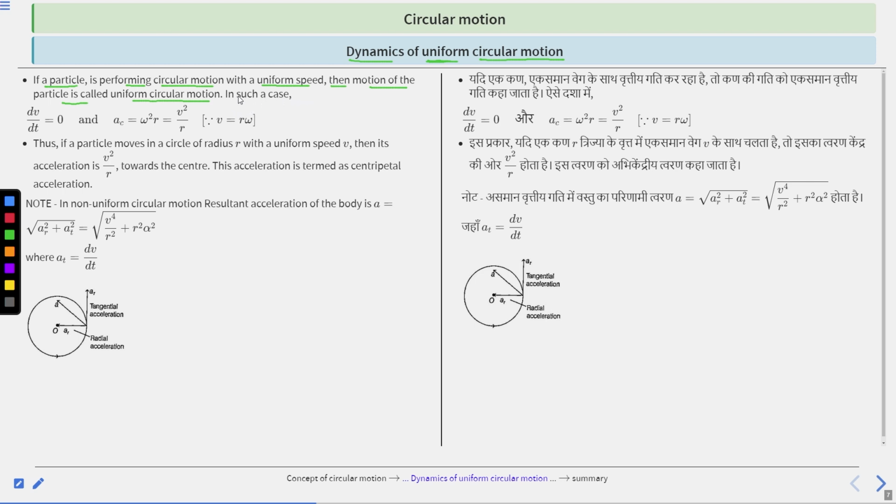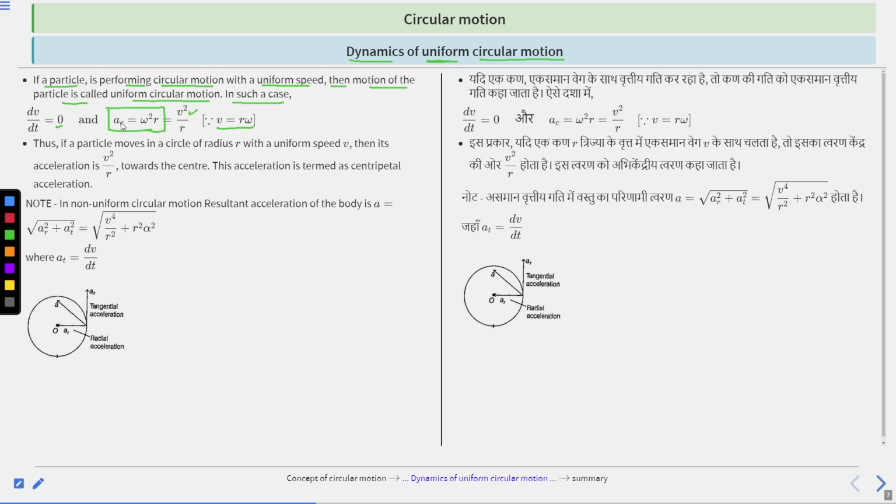Clear? So in such a case, dv upon dt is equal to 0. So a_c is equal to omega square r, where v is equal to r omega. So put here the value of omega. After putting the value of omega in this equation, a_c is equal to omega square r, you will get v square by r.